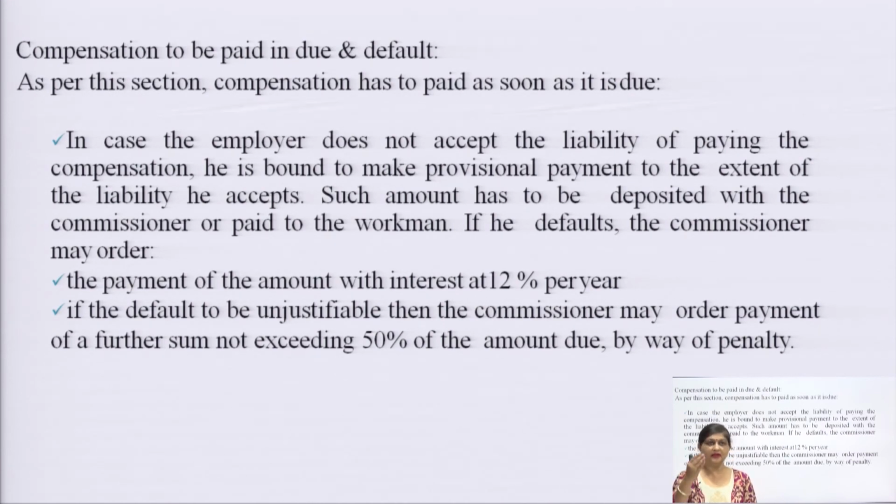So he can order the payment of the amount with interest of 12% per year; if the default is justifiable, the employer has to pay the amount with interest of 12% per year to the worker, and if the default is not justified, he has to pay a further sum not exceeding 50% of the amount.